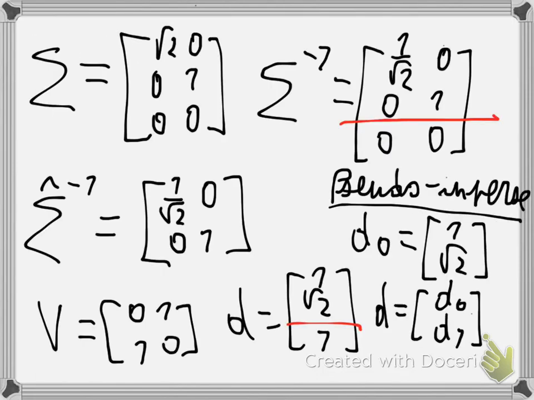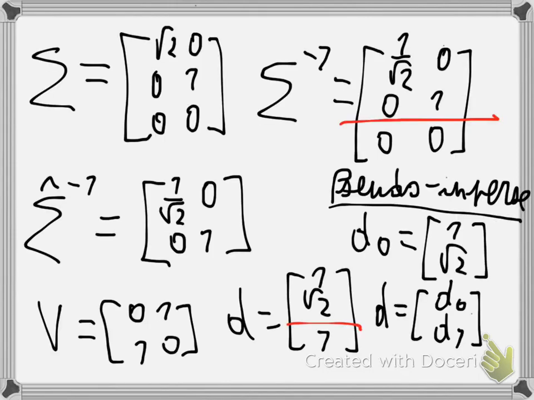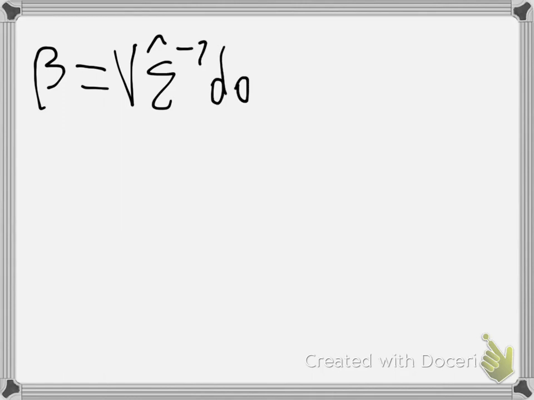It would be the third component, but we don't need D1, we never use it, so I won't write it. Okay, so now I have the pseudo inverse, I have D0, I have V, so I can solve that. Beta is equal to V sigma hat inverse D0.